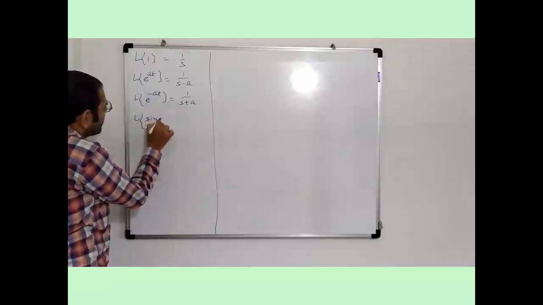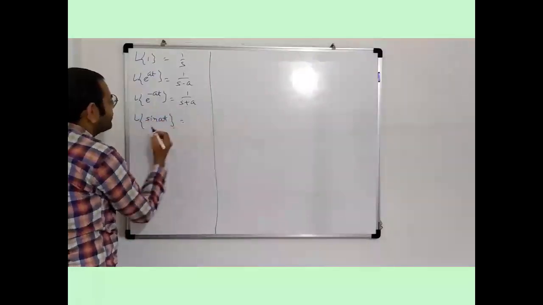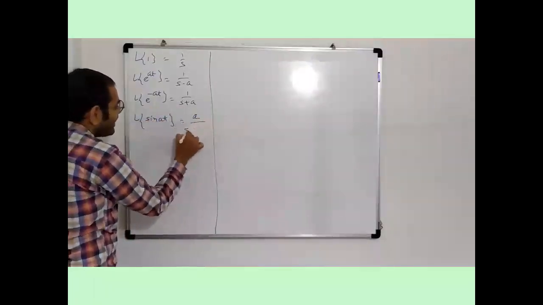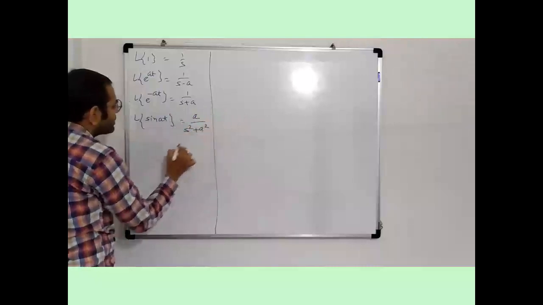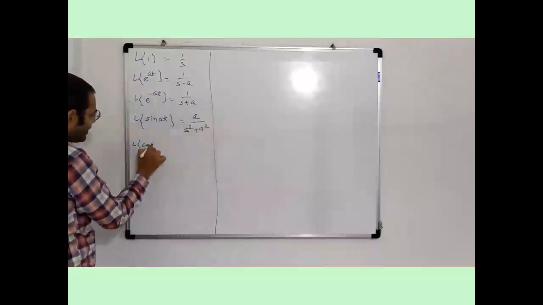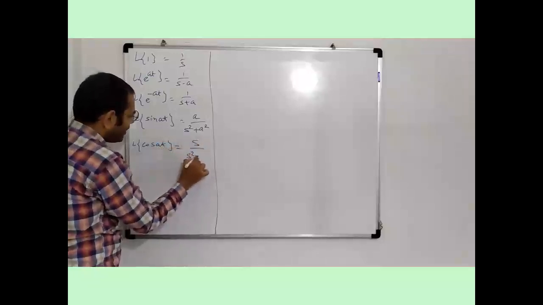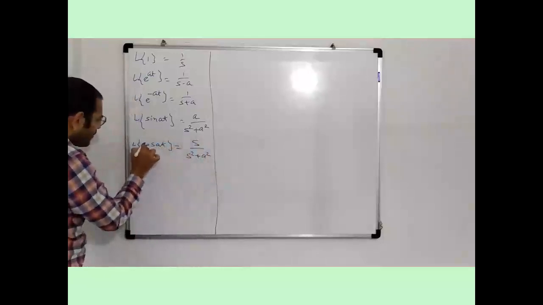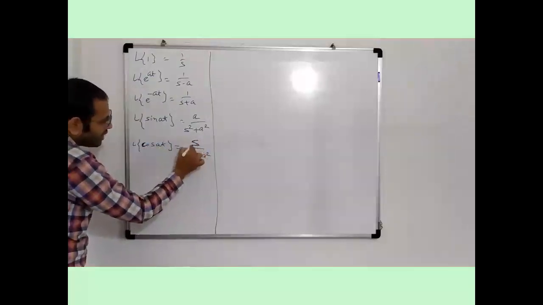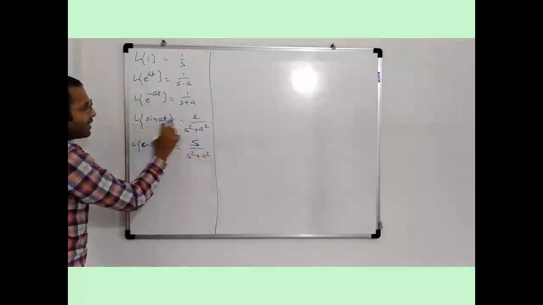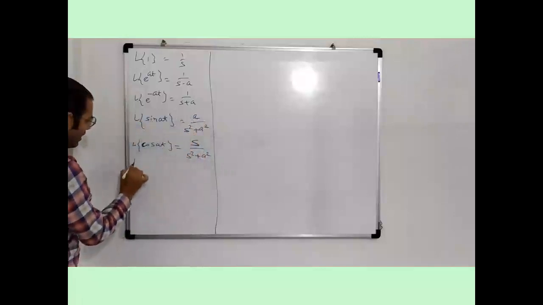Laplace of sin at is a upon s square plus a square. Laplace of cos at is s upon s square plus a square. Whenever there is cos, there must be s in the numerator, and for sin, there must be a.